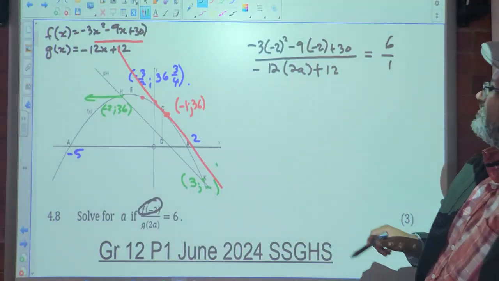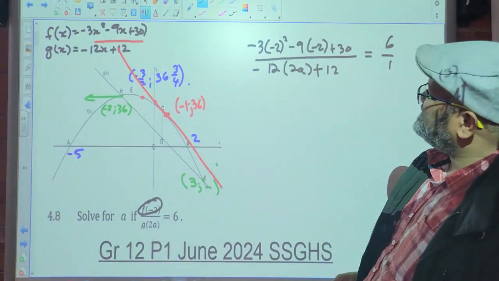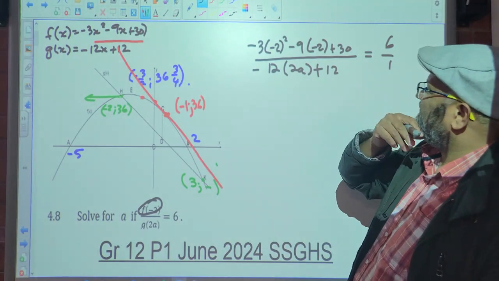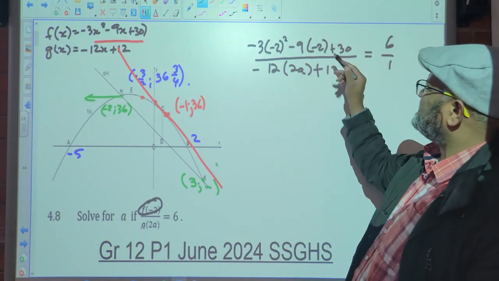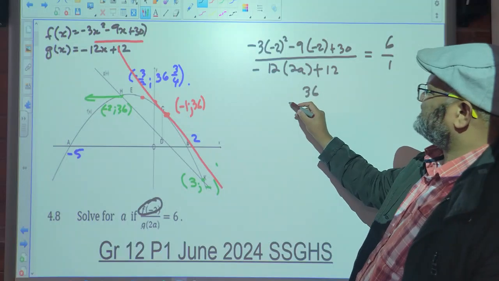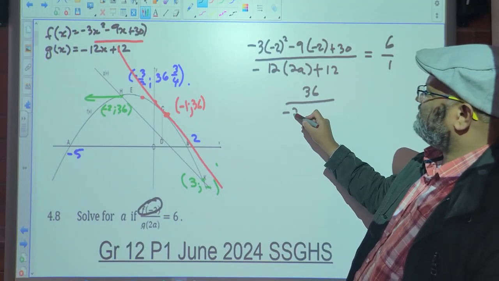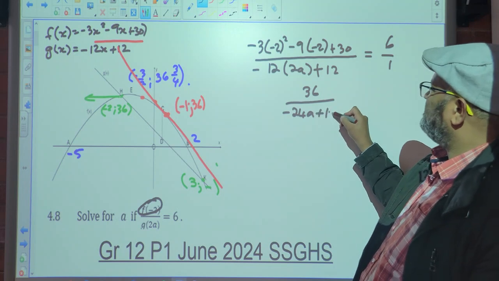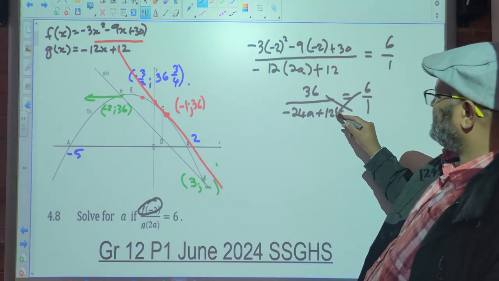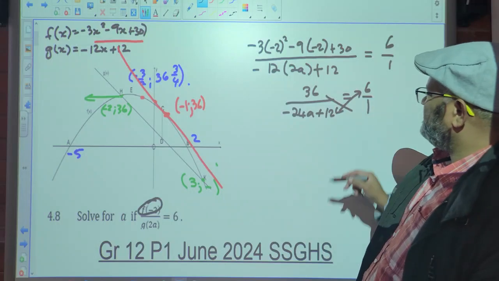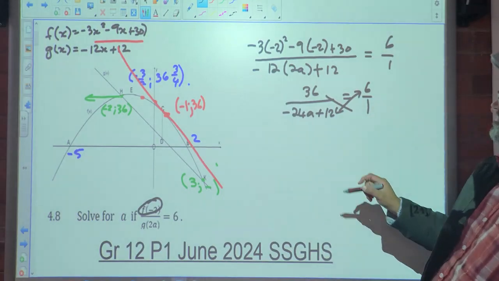And that's 6 over 1. So I'm just tidying up the top first. So that's going to be -12 + 18 is 6, and 6 + 6 is 36. And this is over -24a + 12 is equal to 6 over 1. Cross multiply. Well, I take that 6 down and the -24a + 12 up.